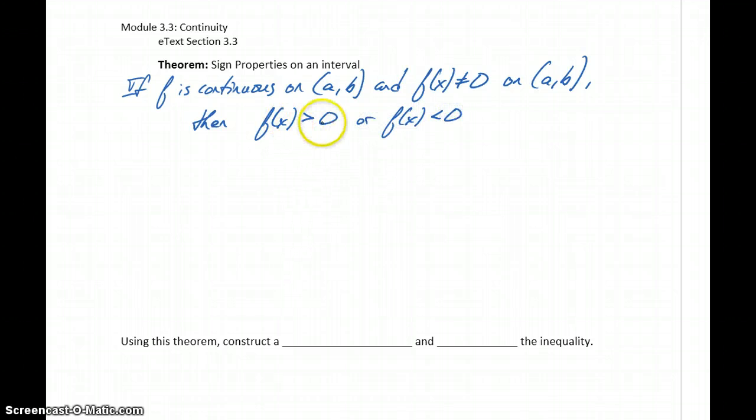So our function value has to always be greater than 0 or always less than 0 on that interval from a to b. We could look at a couple of different examples here.